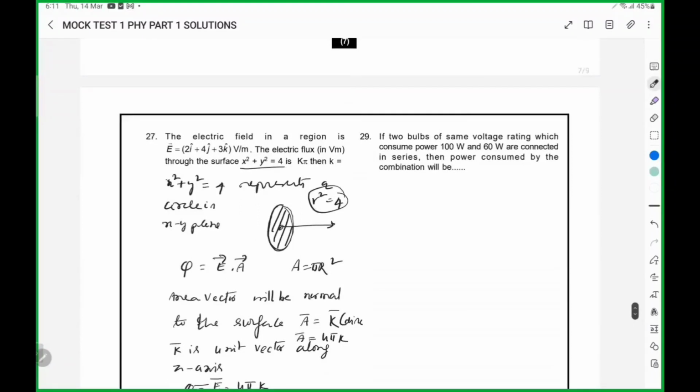If two bulbs of the same voltage rating consume a power of 60, once they are connected in series, the effective resistance changes. P here is V square by R, and your voltage rating is the same, only the resistance changes.